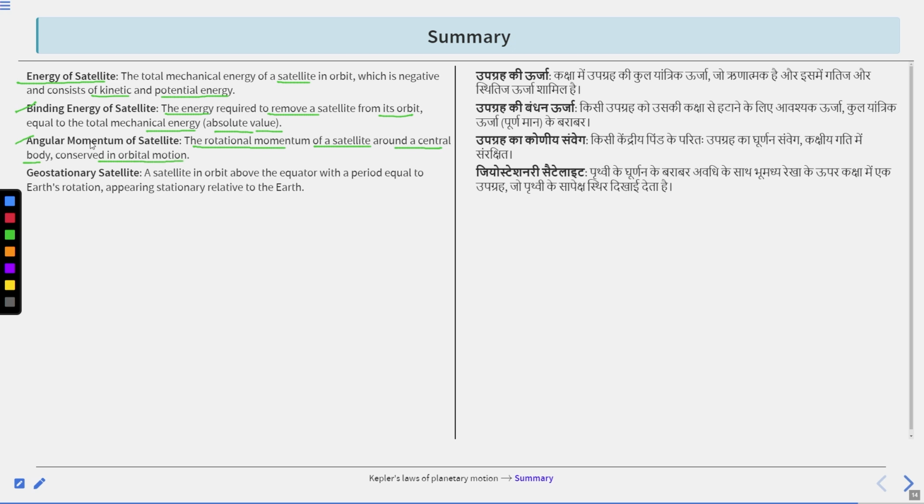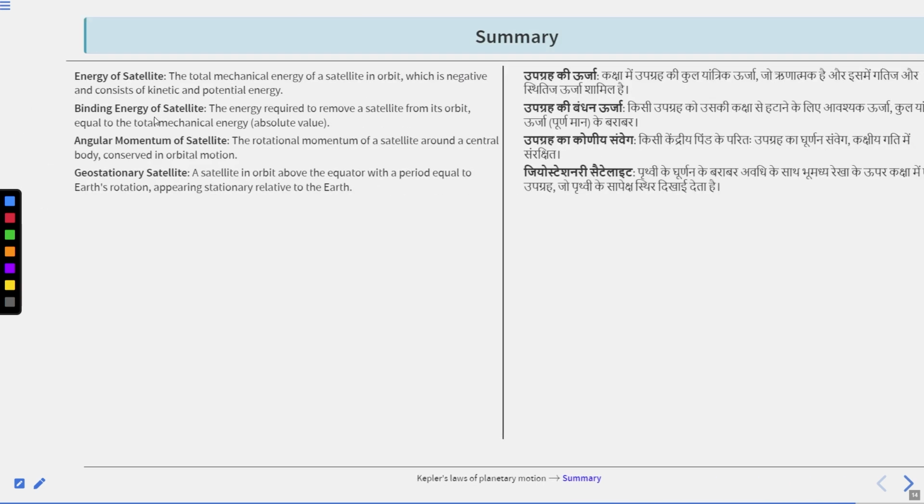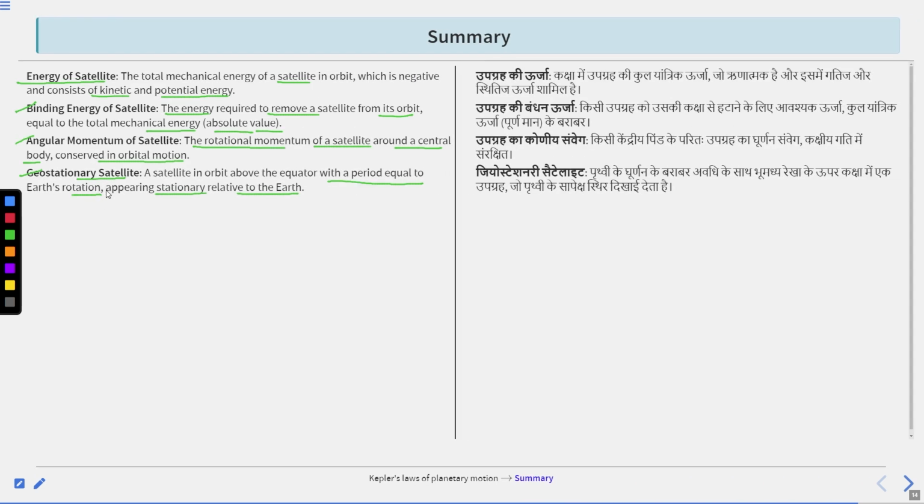Next, geostationary satellite, a satellite in orbit above the equator with a period equal to Earth's rotation, appearing stationary relative to Earth. So these topics are learned in today's lecture, from Kepler's laws of planetary motion to geostationary satellite.